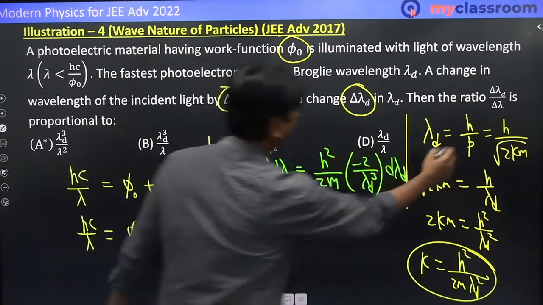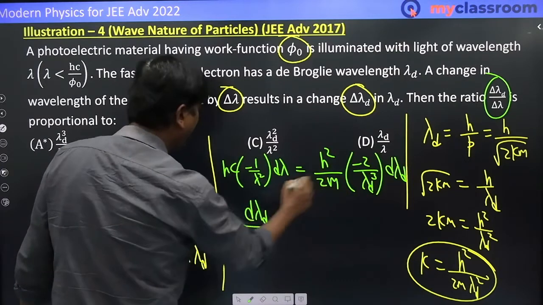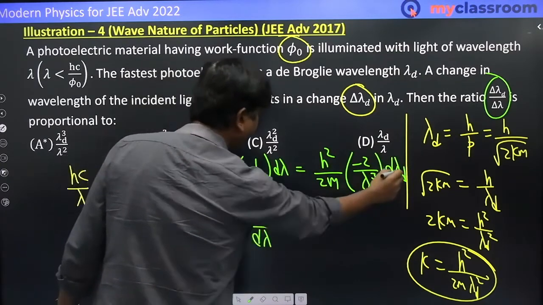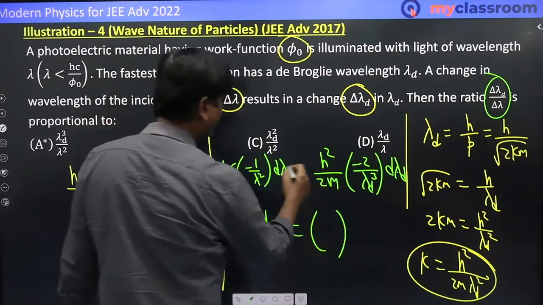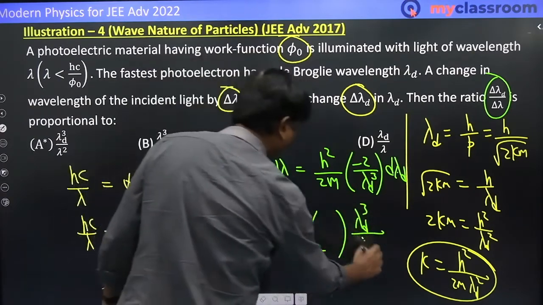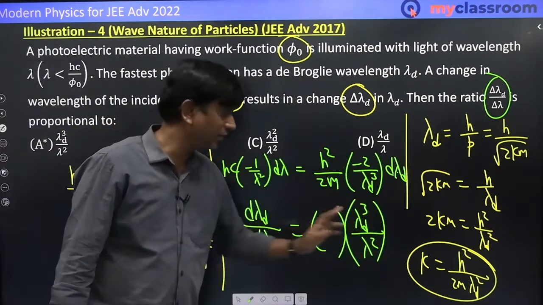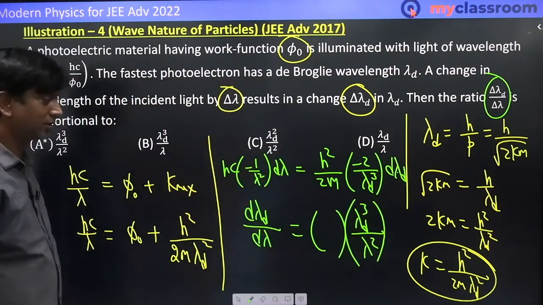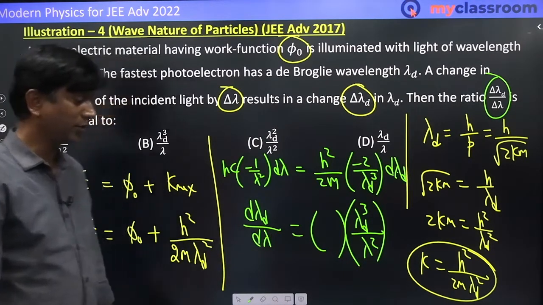They are asking change in lambda d, that means d of lambda d by d of lambda. D of lambda d by d of lambda is proportional to, only remaining all some constants, lambda d cube, de Broglie wavelength cube, by incident wavelength square. Lambda d cube by lambda square, that is lambda d cube by lambda. That's proportional to, we're just talking about the proportionality, right?